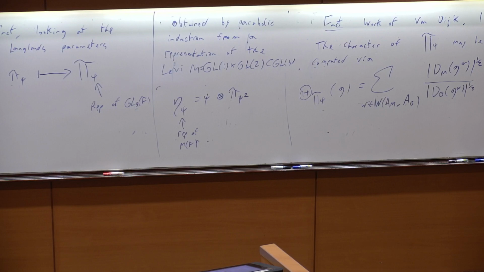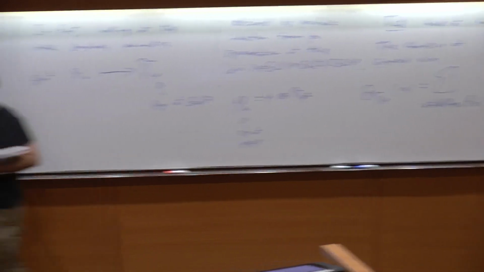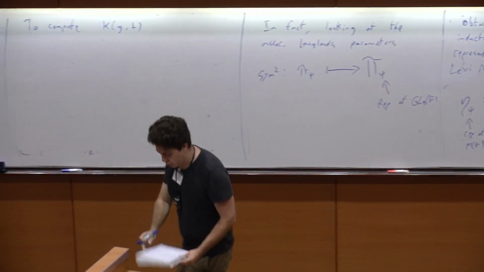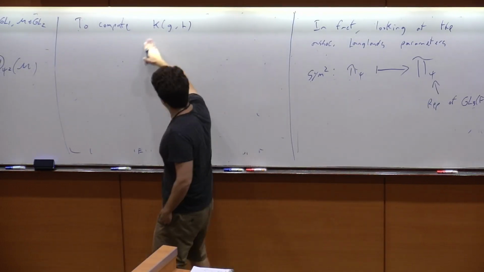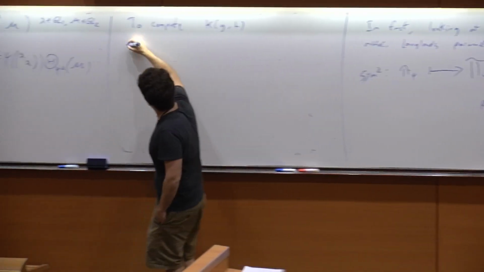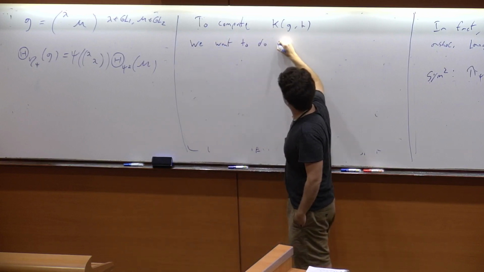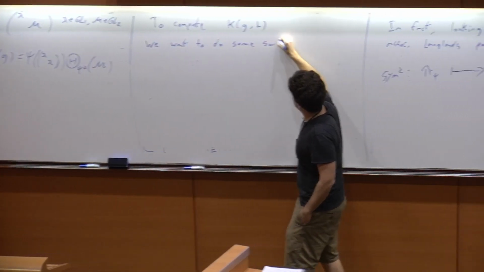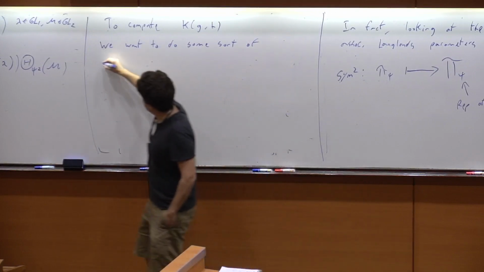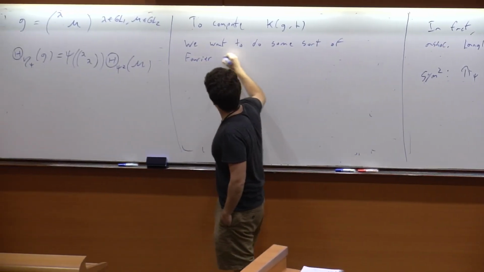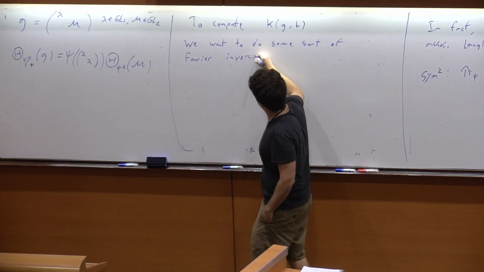To compute this guy here, what we want to do is roughly some sort of Fourier inversion.